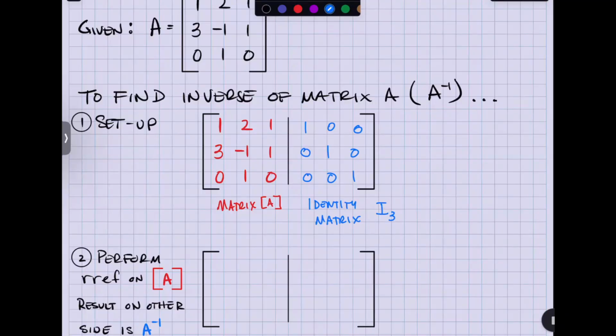That is the identity matrix. So for 4 by 4, the major diagonal is 1s, everything else is 0s. 5 by 5, major diagonal is 1s, everything else is 0. Right? 2 by 2, 1, 0, 0, 1.